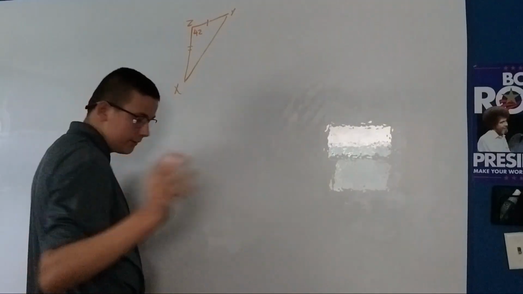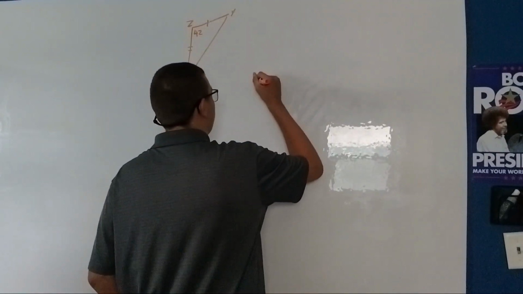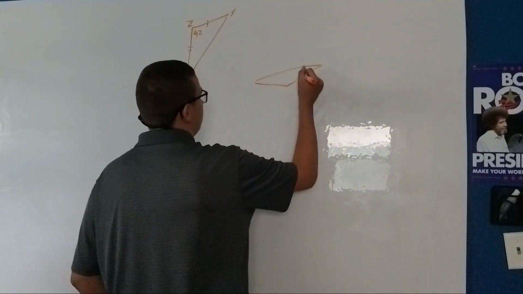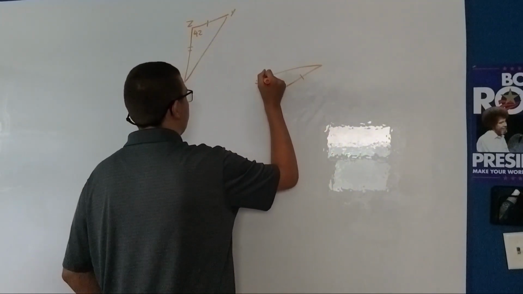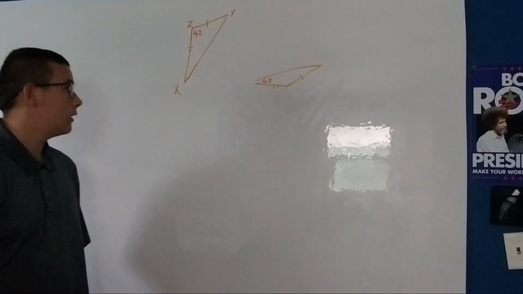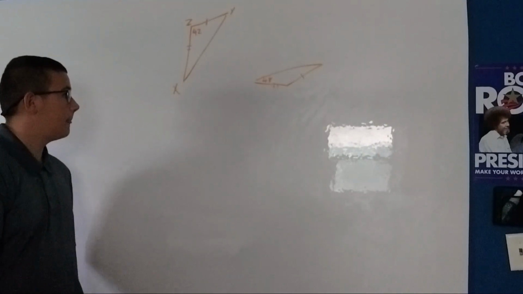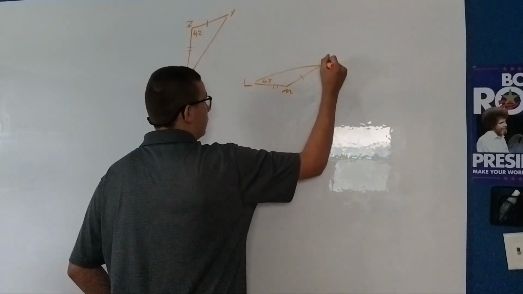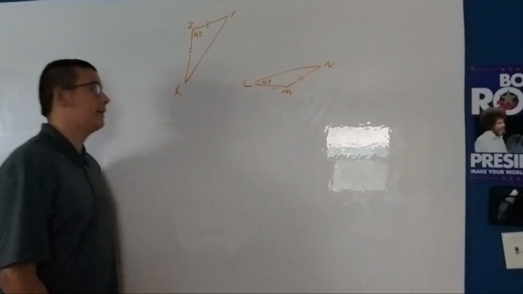I know it doesn't look like 42 degrees, but, and then here we'll have this side, and this will be 48 degrees. And now we'll go L, M, N, like that.